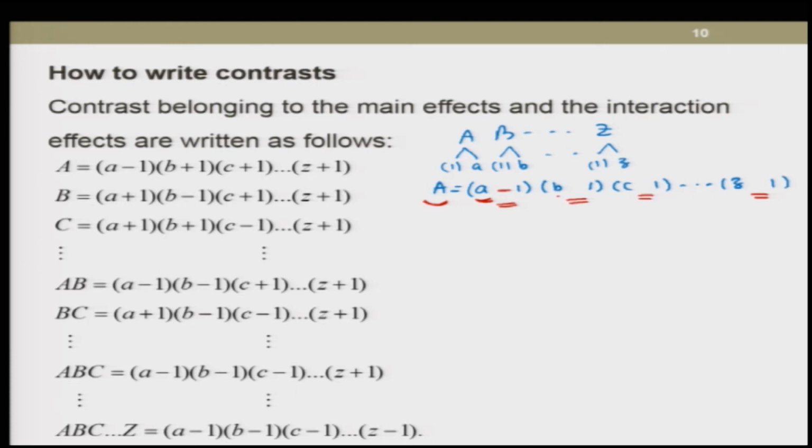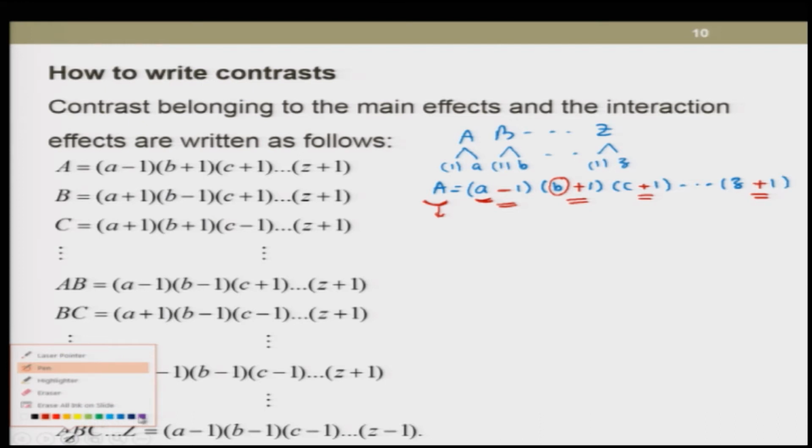On the right hand side there is B, but there is no B on the left hand side of the equality sign. So, B will appear with plus 1 sign, and similarly C will appear with plus 1 sign and Z will appear with plus 1 sign.